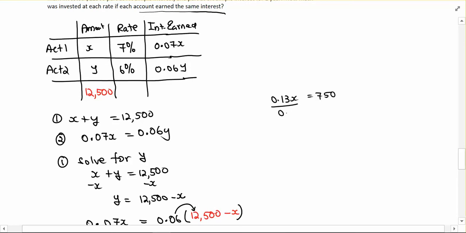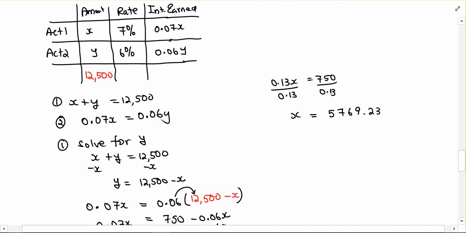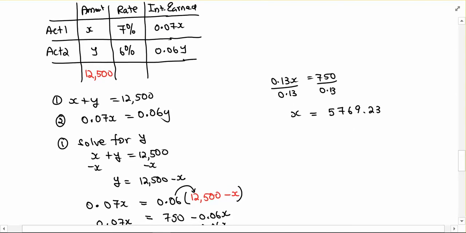So if I divide both sides by 0.13, I get roughly, we'll round to two places, 5,769 and 23 cents. So that's what went into account 1.